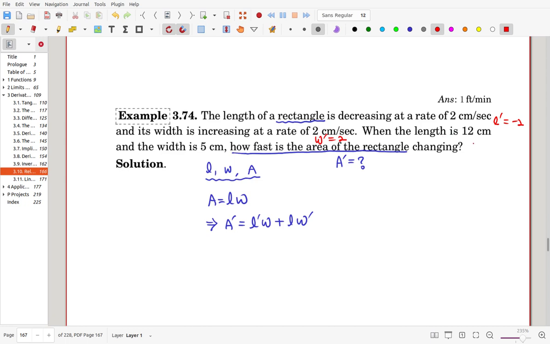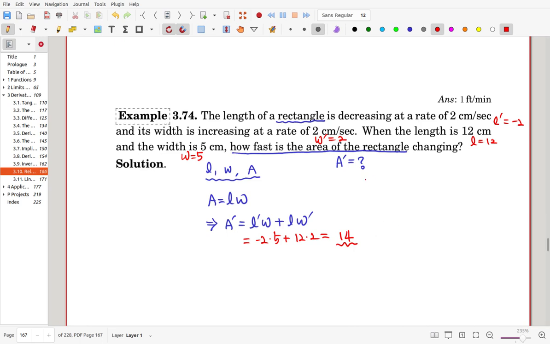When the length is 12, so L is 12, and the width is 5, means W is 5. By using this data, L prime is -2, and the width is 5, plus L is 12 and W prime is 2. So that is minus 10 plus 24, so the final answer must be 14.